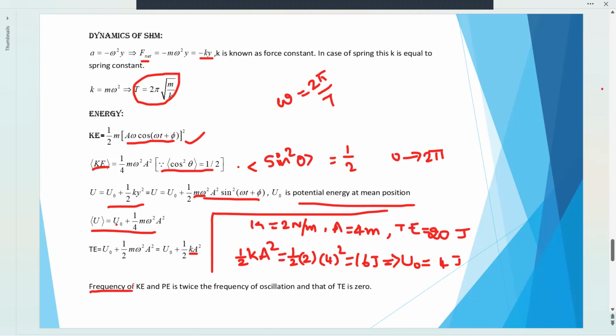Whenever we use the word frequency, it means the quantity is changing periodically. Whenever a quantity changes periodically, there we speak about frequency. Okay, so here I will draw a diagram.